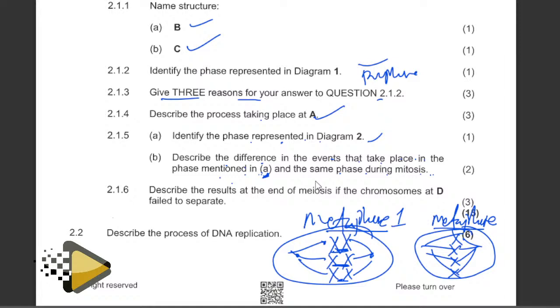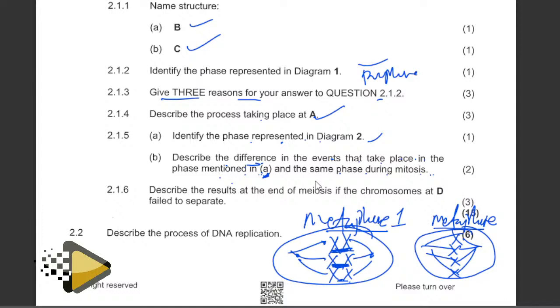Remember, we said that meiosis 2 looks like mitosis. So basically, chromosomes align along the equator randomly in homologous pairs. That's the key point, homologous pair. While here they align along the equator singly. So they're saying differences. They're not talking about tabulate, so they don't need you to write or draw the table.